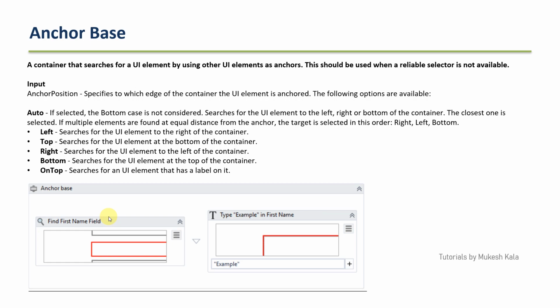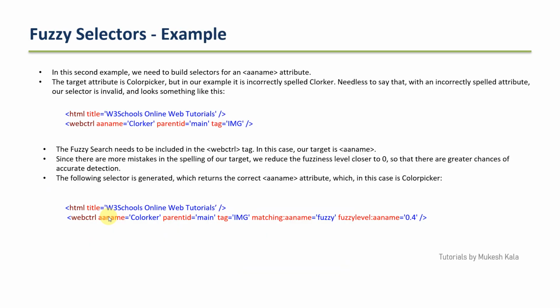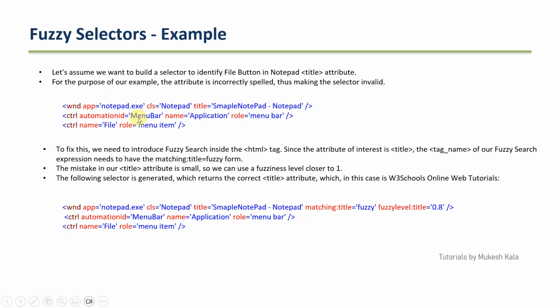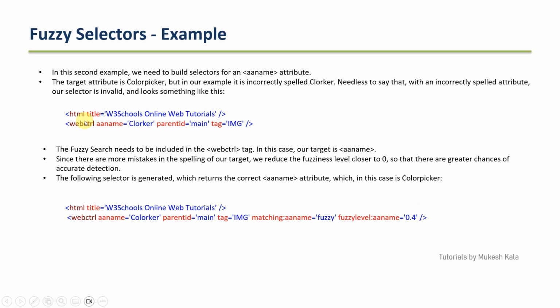When your application is giving you the selectors, Notepad is giving you the selectors, that's why you are able to do the automation. W3Schools HTML was giving you the selector, so you are able to do the automation.